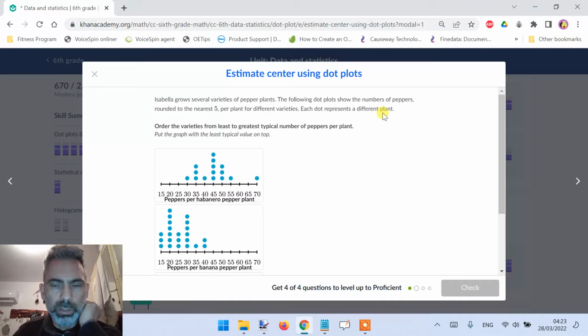Each dot represents a different plant. Order the varieties from least to greatest typical number of peppers per plant.